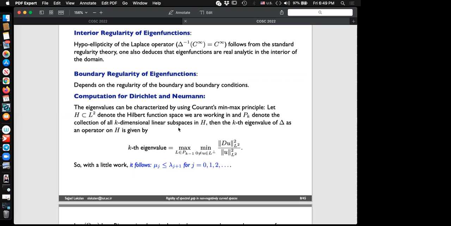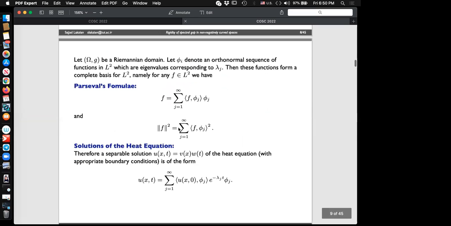And this way you obtain the higher eigenvalues. Depending on whatever Sobolev space you are using, you get the corresponding eigenvalue, either the Neumann eigenvalue or the Dirichlet eigenvalue.